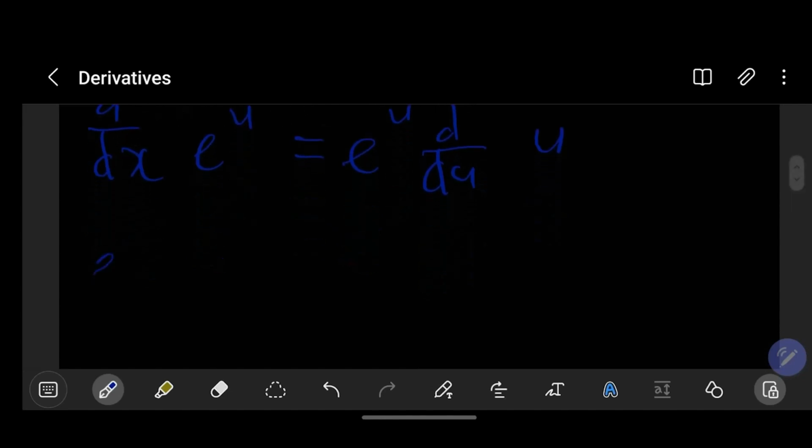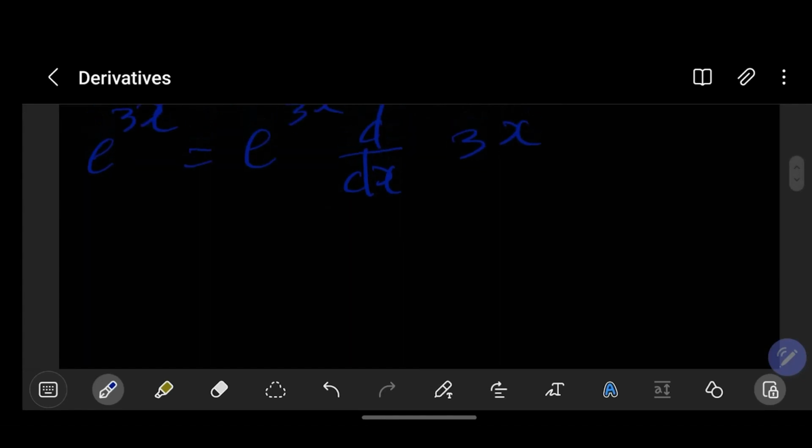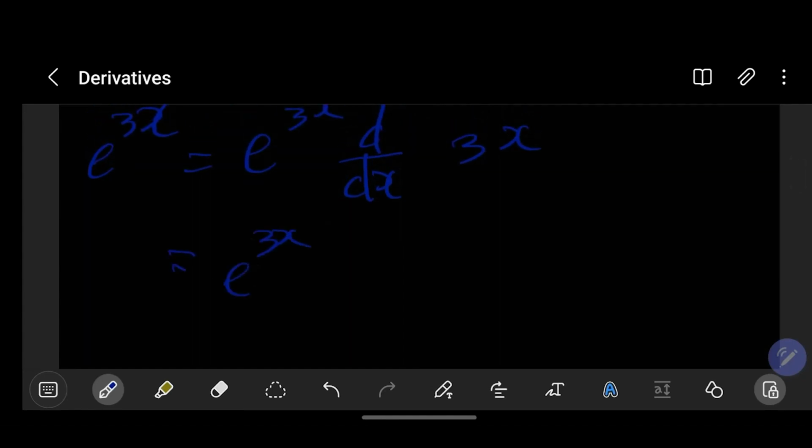So if we have e to the 3x, that's equal to e to the 3x times d/dx of 3x. We know for 3x we can use the power rule here, so we can rewrite that as just 3, which is 3 e to the 3x.